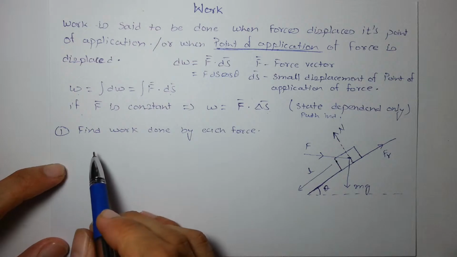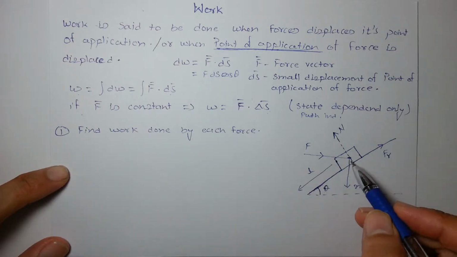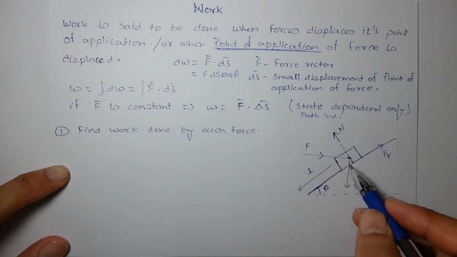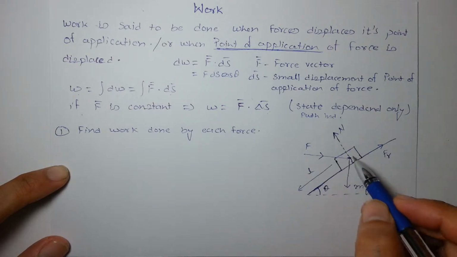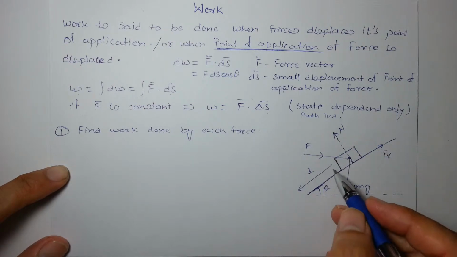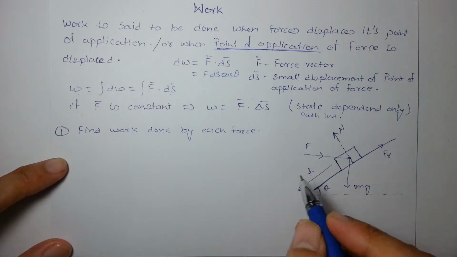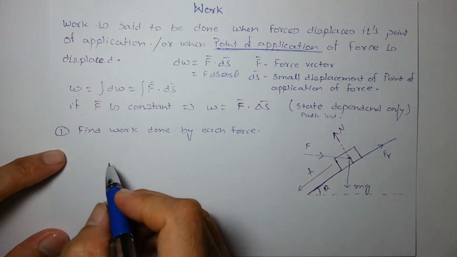Okay, so let's start with the first example. There is a block of mass m on which these forces mg, F, a constant horizontal force, normal reaction and friction are acting, and the block slides down by a distance L. We have to find work done by each force.